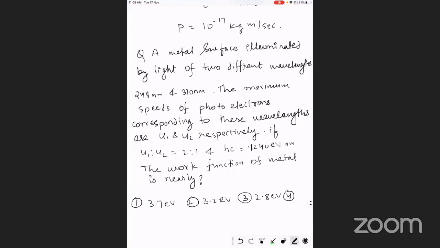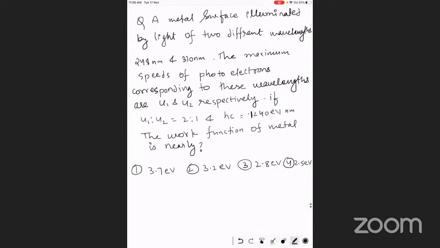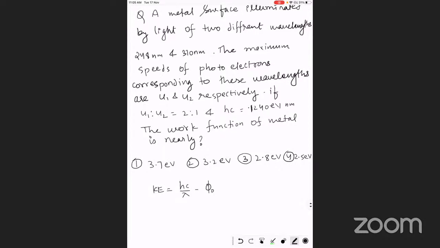ओके. ऑप्शन नंबर 4 था 2.5 इलेक्ट्रॉन वोल्ट. चलो कैसे किया? आकाश ने बताया था ना आंसर. देखो kinetic energy is equal to hc by lambda minus work function. Let's use this formula 2 times. As you can understand, u1 upon u2 is 2 by 1.